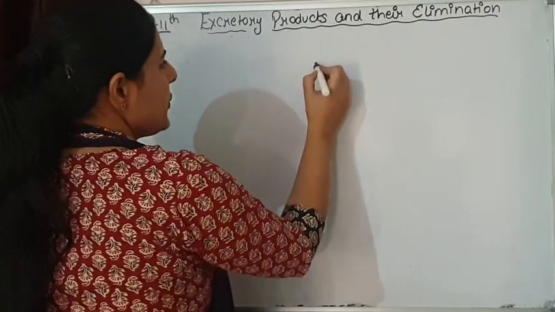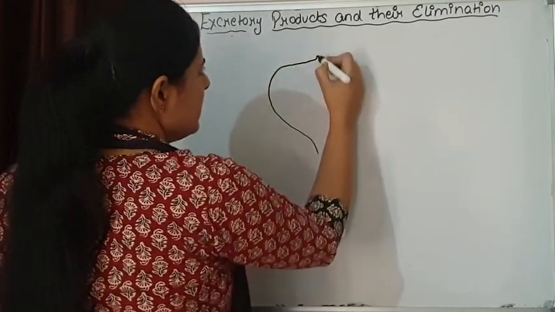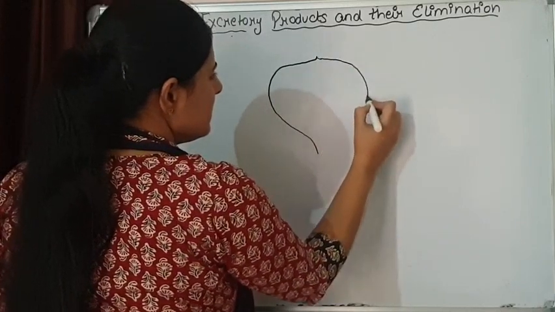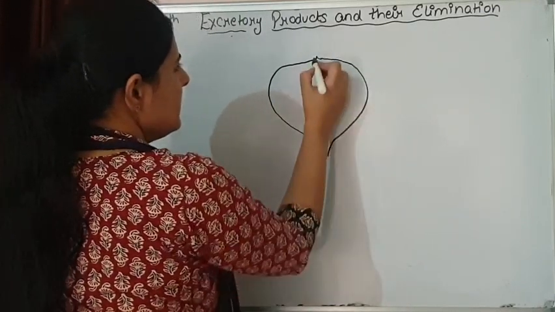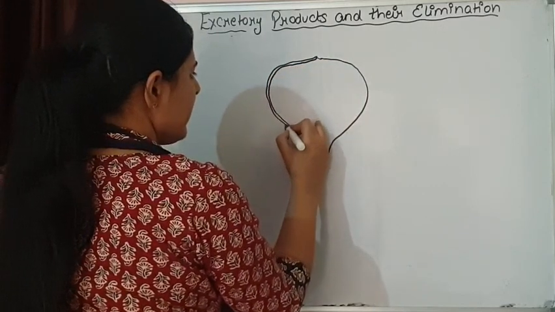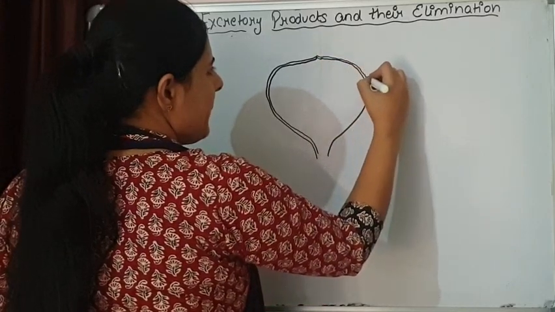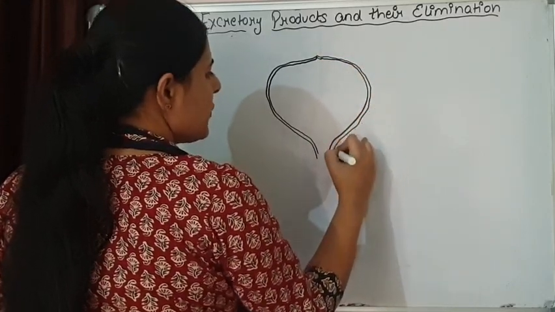We can see how ureter is present. This is how pear-shaped structure is present, and these are the outer membranes.